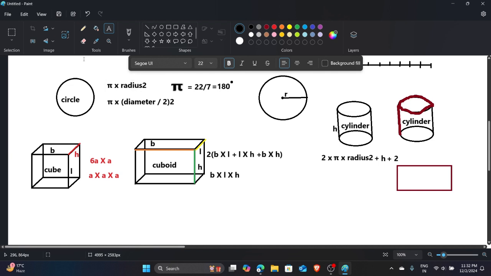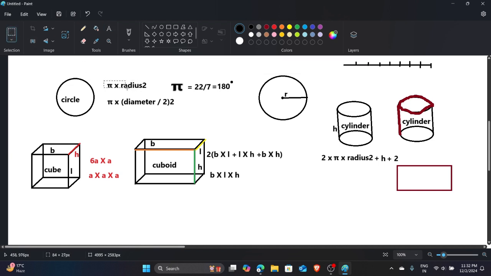It is this portion. So this is the area of a cylinder. Or you can simplify it.